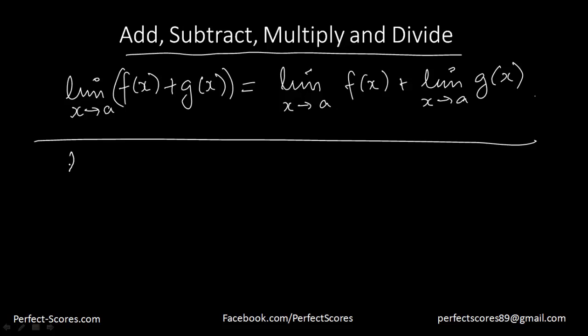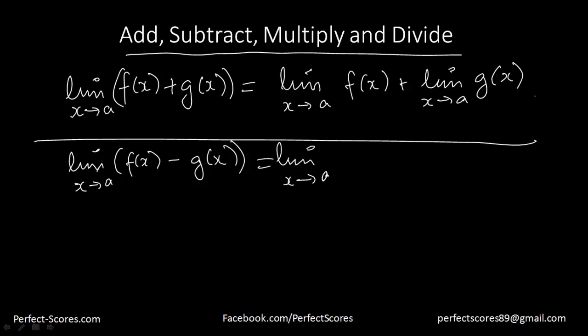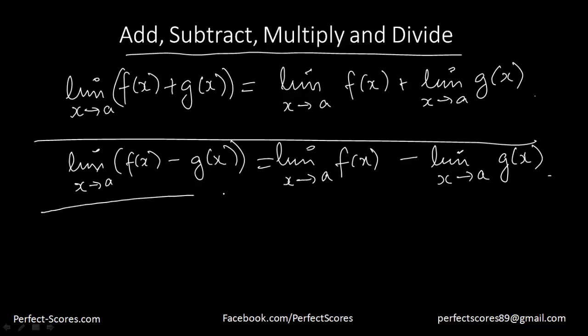Similarly, I can do subtraction as well. Limit x tends to a of f of x minus g of x would be equal to limit x tends to a of f of x minus limit x tends to a of g of x, right?